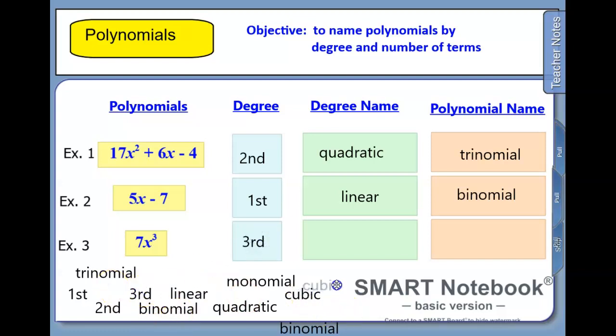That means it's cubic, and it only has 1 term, so it's a monomial. The name of the polynomial is based on the number of terms it has. The degree name is based on its exponent, and the degree is the actual exponent.